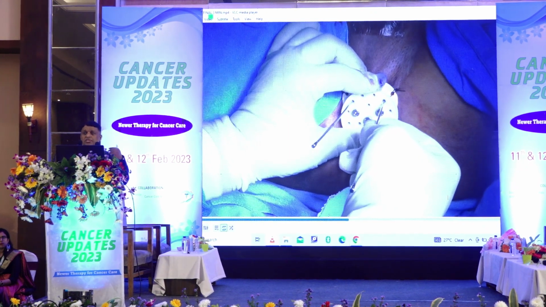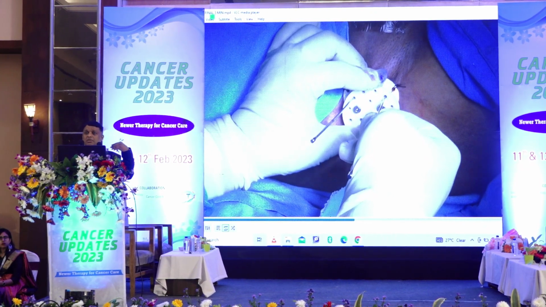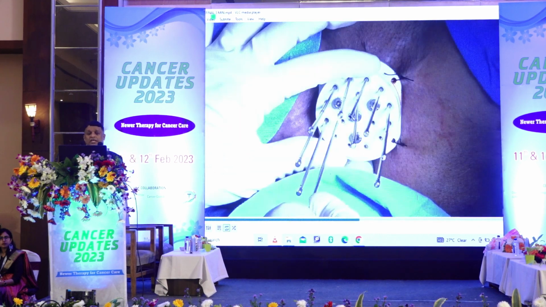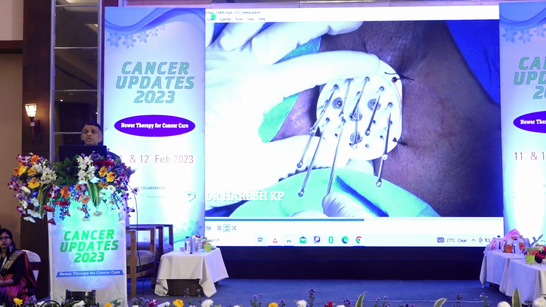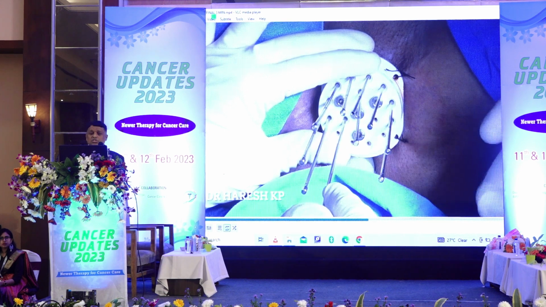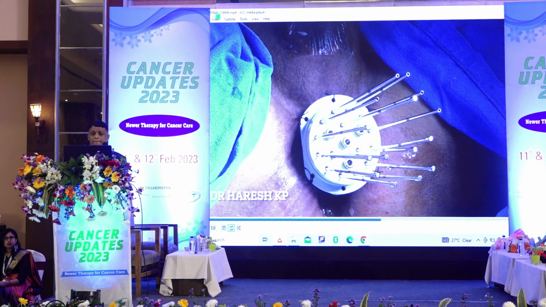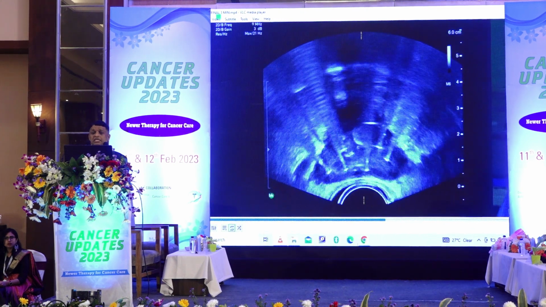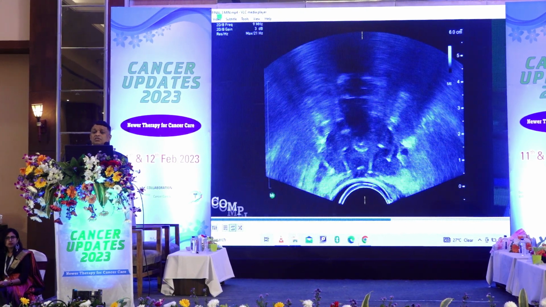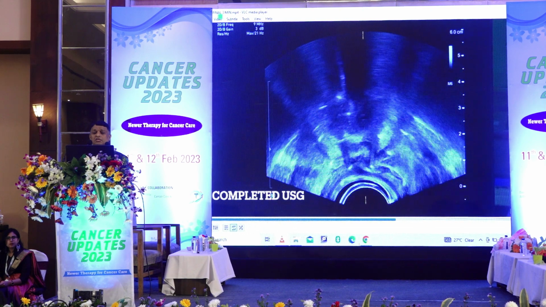And the position of the needle should be at least 1 centimeter inside the bladder, or else you will not be able to achieve a good coverage for the tumor. And the completed template, and you can see the needles in the prostate.